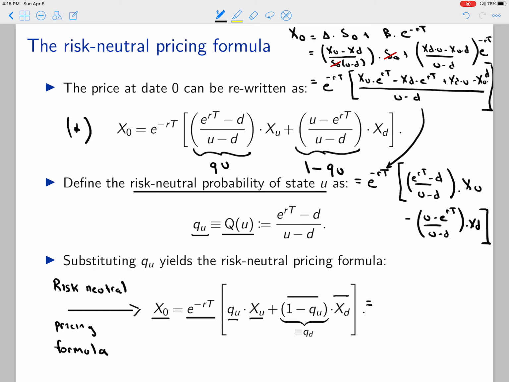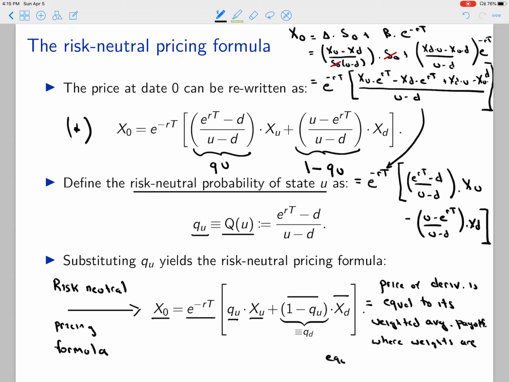This risk-neutral pricing formula is simpler because all it basically says is that the price of a derivative is equal to its weighted average payoff, where the weights are equal to risk neutral probabilities, and everything discounted.